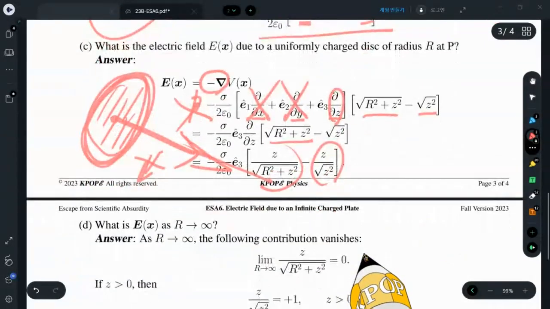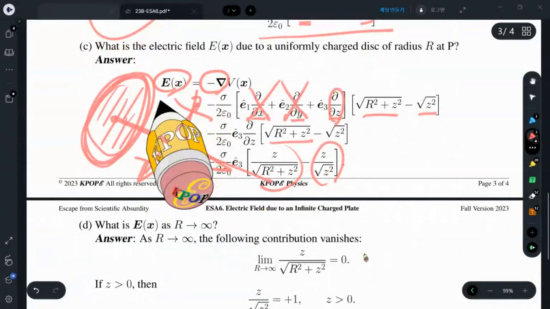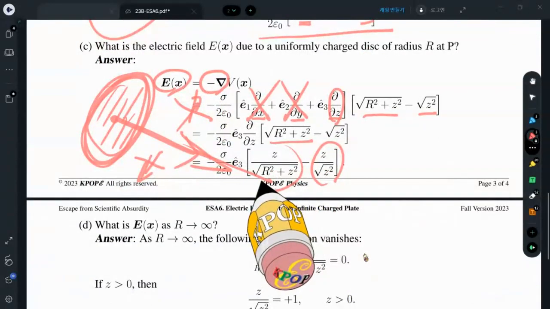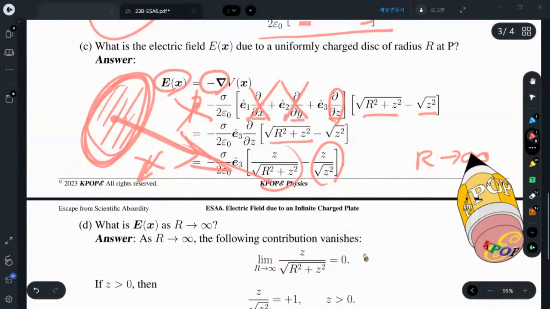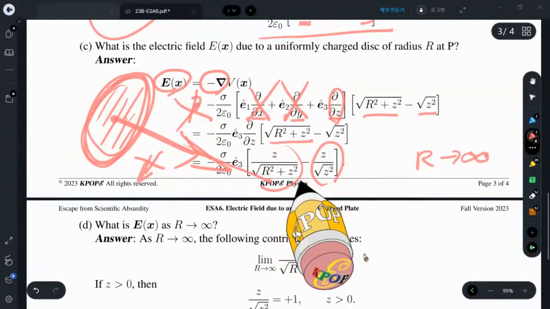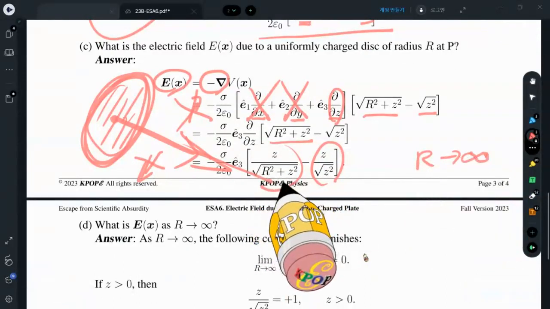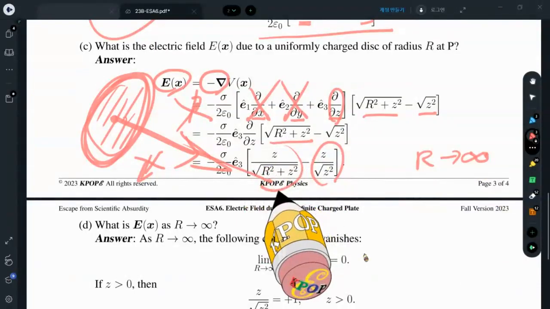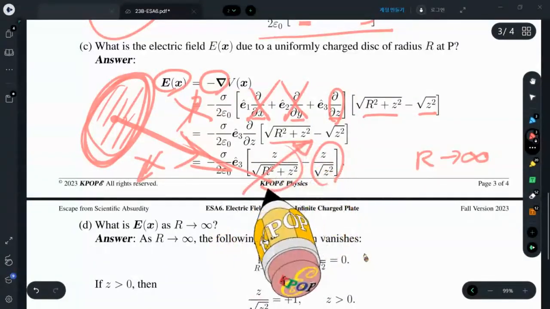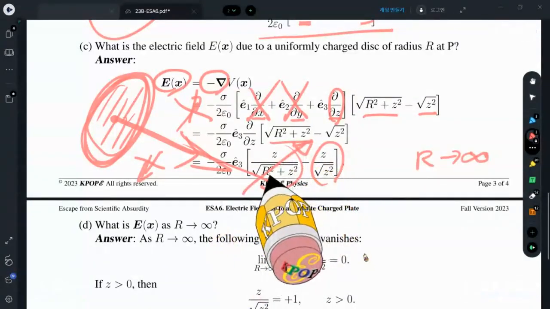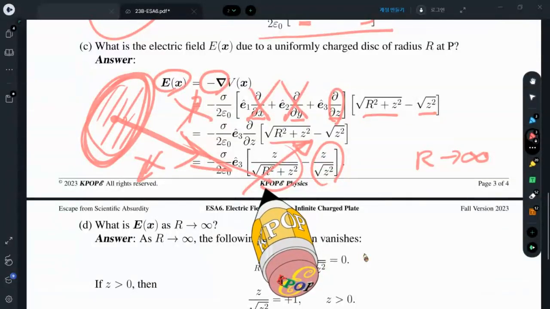Okay, now we have obtained the electric field, and why don't we take the limit r goes to infinity? In that case, even though it produced infinity in the electrostatic potential V, this one vanishes because it is now in the denominator.